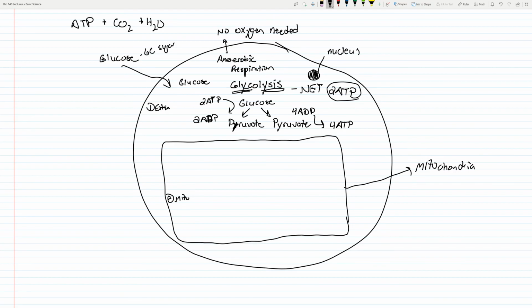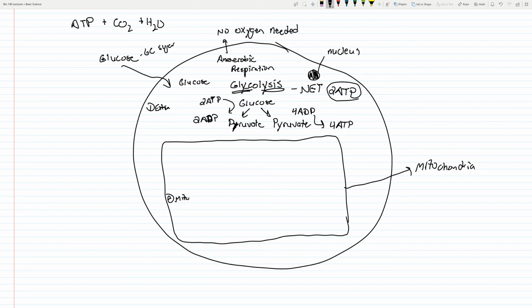And finally, we net 2 ATP. We have to use 2 ATP to start the reaction, but at the end we get 4 total ATP. That's it. That's anaerobic respiration.